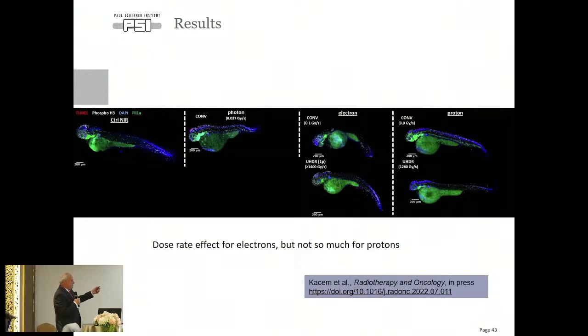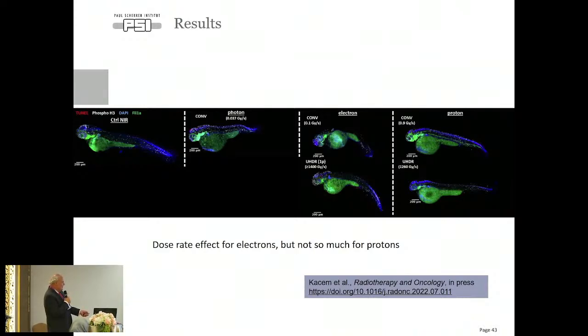These are these embryos after a couple of days, I think, growing. If the embryo is straight, it's a good sign. If it is curved, it's a bad sign. And you have here the control sample, so it's straight. You have a treatment with photons.